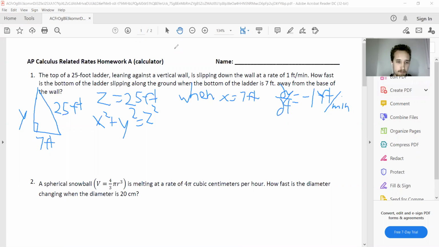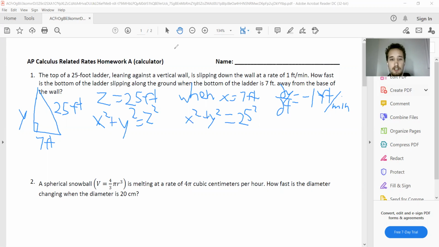Okay, so we know that x and y are going to change as the ladder slides down the wall, right? Because as the ladder slides down the wall, y gets smaller and x will get bigger. But we always know that z is equal to 25, right? So actually the formula becomes x squared plus y squared equals 25 squared.